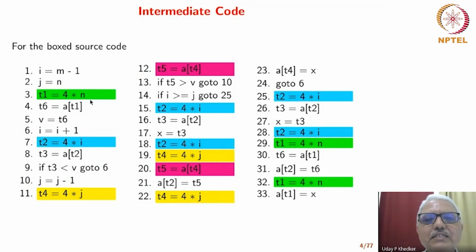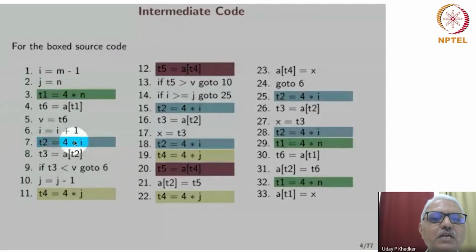As you can see, there are certain colors on the screen. And if you observe very closely, you will see that these colors essentially represent the same expression. So this color, light blue, shows the expression 4 star i being computed in temporary t2. Here also t2 is equal to 4 star i.